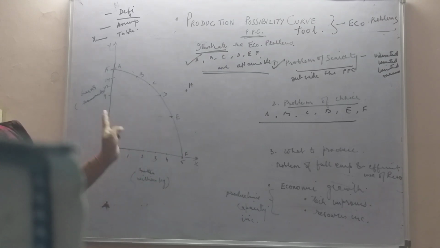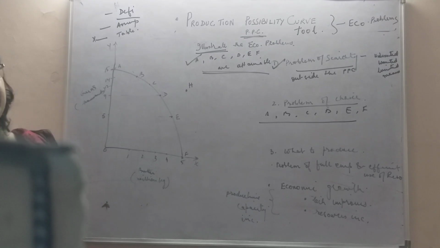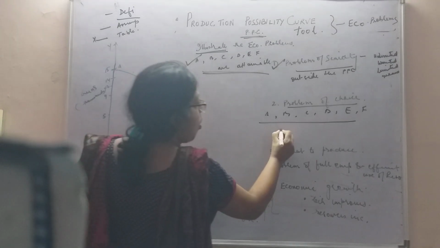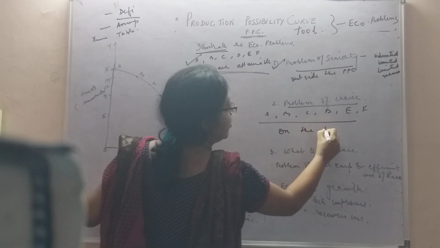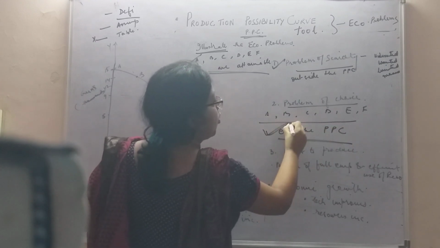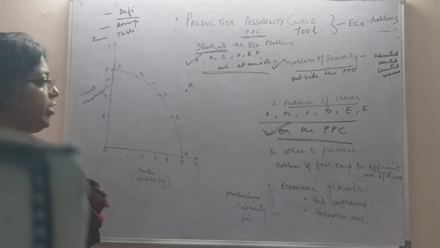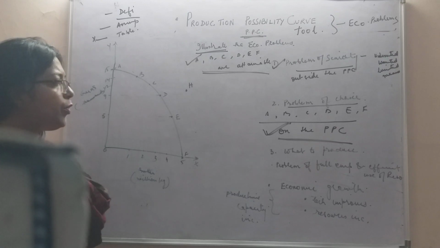A country can produce or select any of the combinations. It depends upon the demand of the country, because resources are there to produce these goods. So any point on the PPC indicates the problem of choice. These are attainable points.